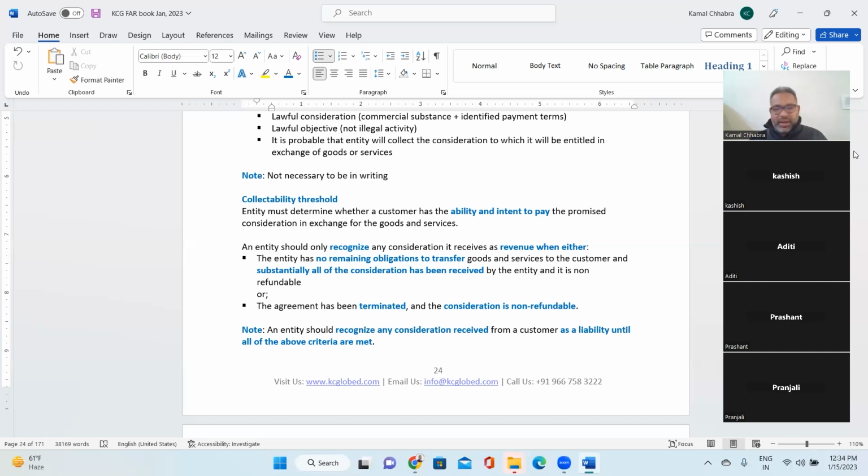For example, let me give my own example. Back in 2018, EY shifted me to the US. I went there to purchase a car and no one was giving me a single penny of credit because I had just landed in the United States of America. I had no background and no history of credit.